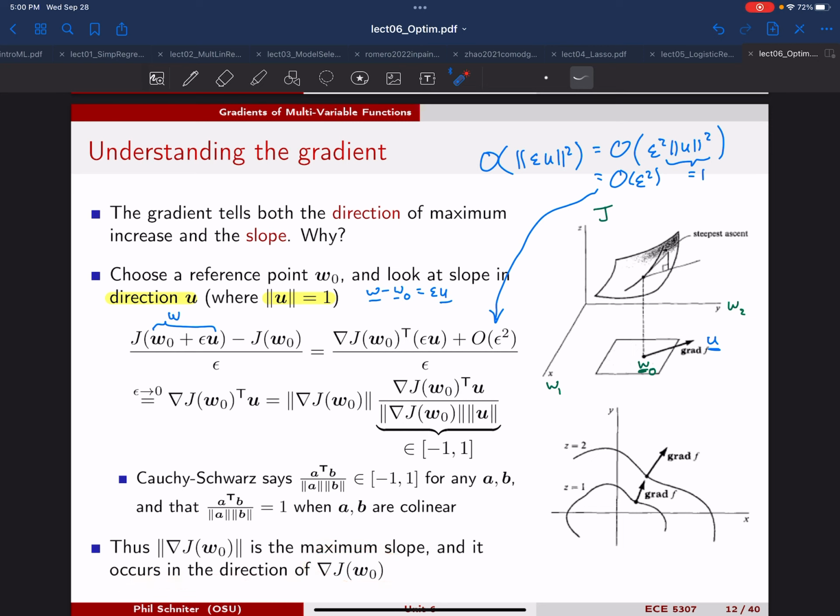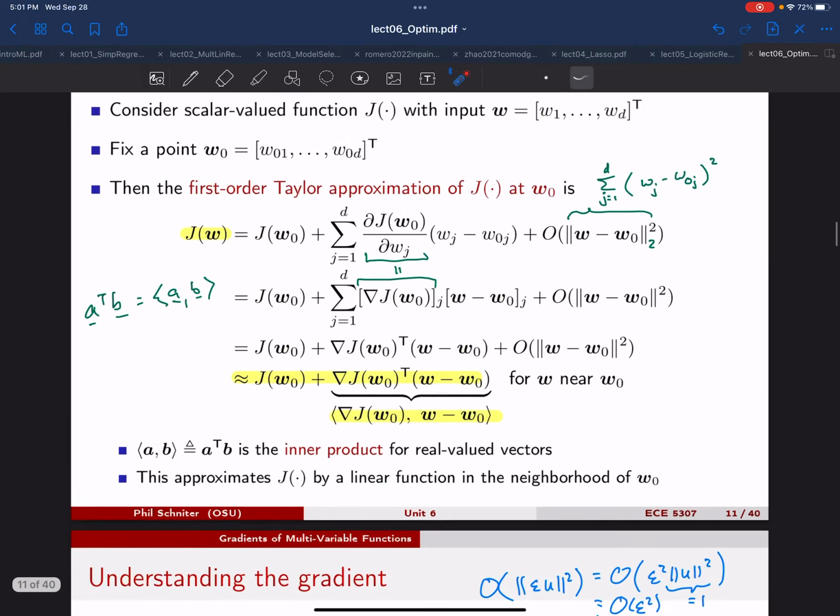Second is, well, what is the value of that maximizing slope? Well, that occurs when u is in the direction of the gradient, which makes this whole thing equal to 1, at which point this is the value of the slope. It's the norm of the gradient. So these little arrows, again, they tell us the length.